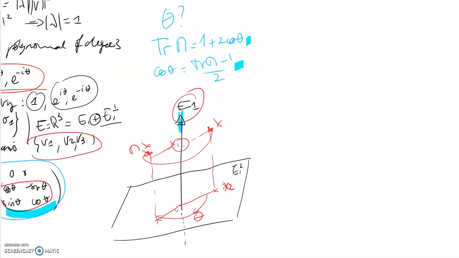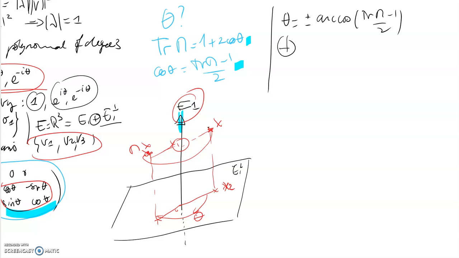Theta is then the arc cosine of (trace of M minus 1) over 2, but the problem is that the arc cosine function gives you theta only up to the sign, plus or minus.